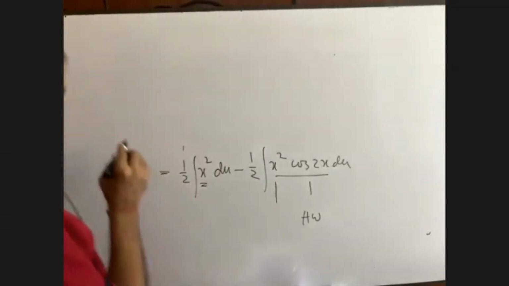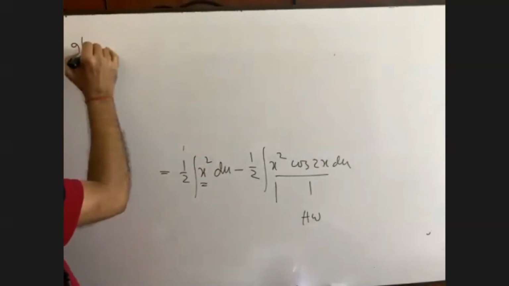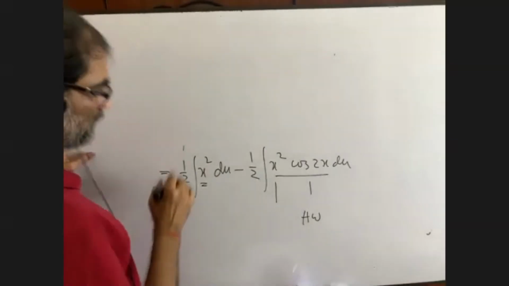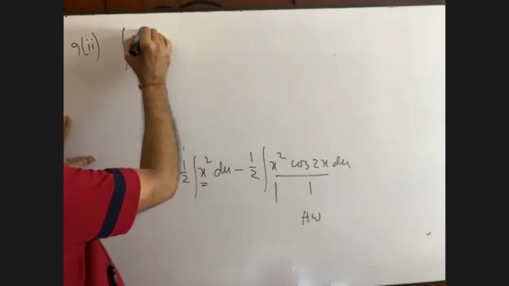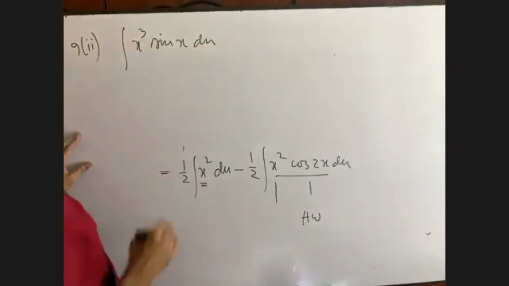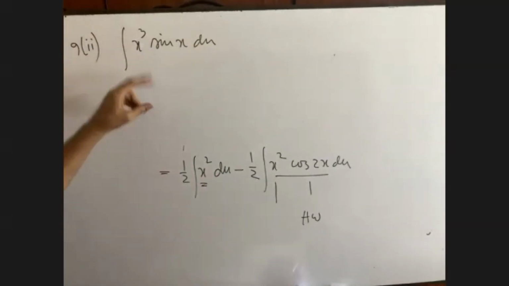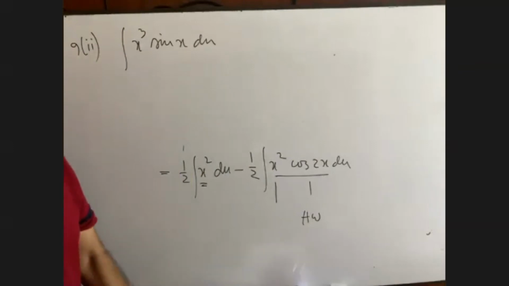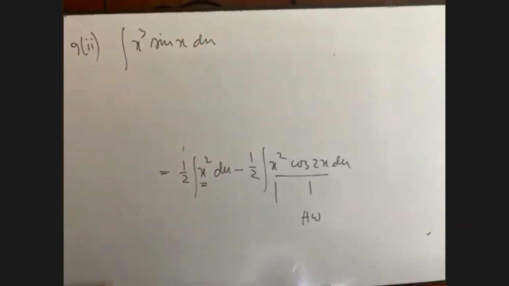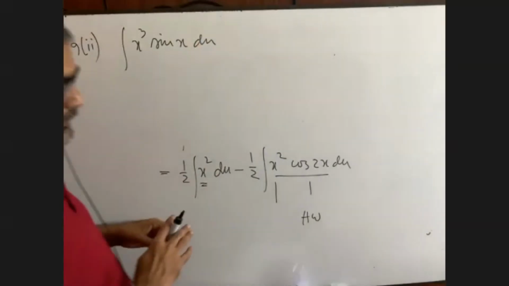Now see question number 2 of 9. It is x cube sin x dx. You see it is x cube. So you set up your mind that you have to integrate 3 times. Can you do it? Or I'll do.